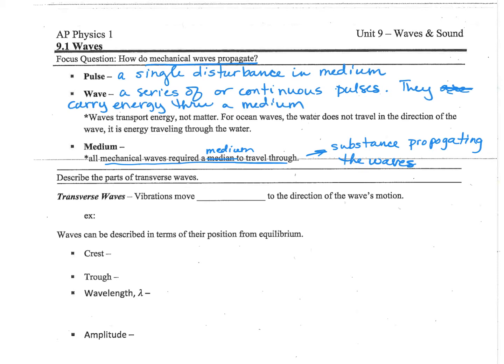Make sure you read this right here. It says waves transport energy, not matter. The matter is just what they go through. The wave is the actual mechanism by which the energy moves.